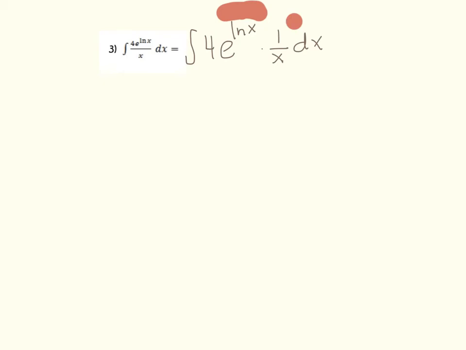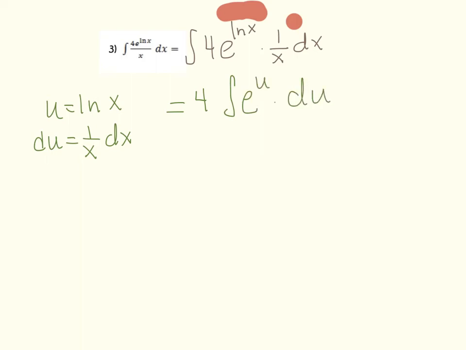So it's a good idea to make u natural logarithm of x, which is the exponent of the letter e. Its differential will be 1 over x times differential of x. Then we're ready to do the substitution. We can write this as 4 times the integral of e to the u times differential of u, because 1 over x times dx equals differential of u.